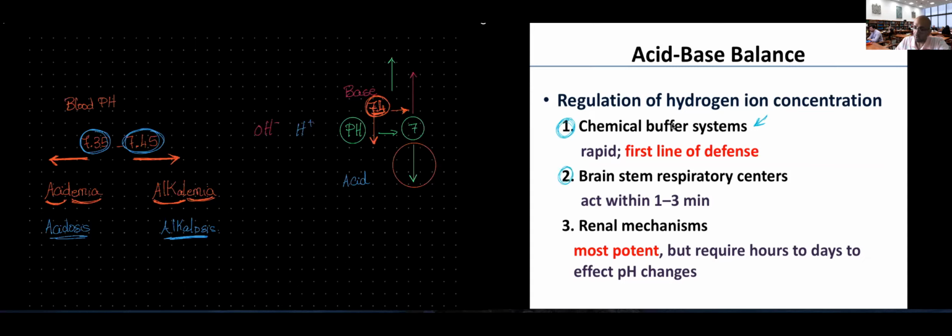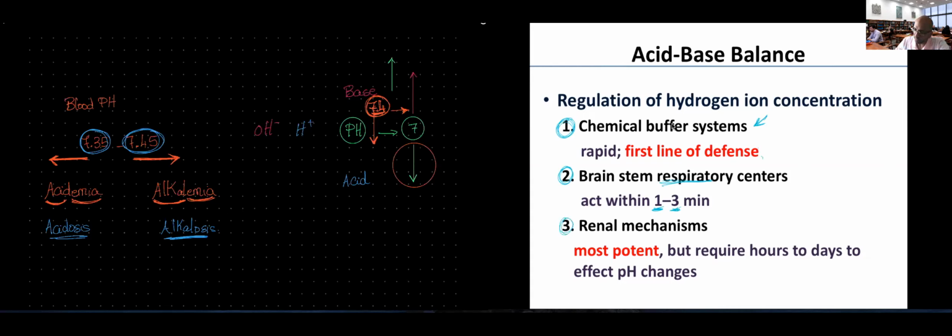Another way by which you're going to be responding to a variation in your blood pH is by activating or depressing your respiratory centers in the brainstem. Those are slower to react, but they have a much greater capacity to handle greater changes in the blood pH compared to the chemical buffers.